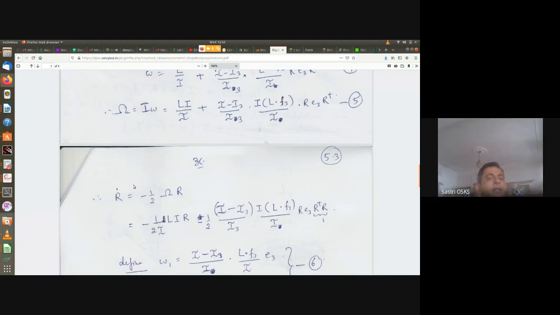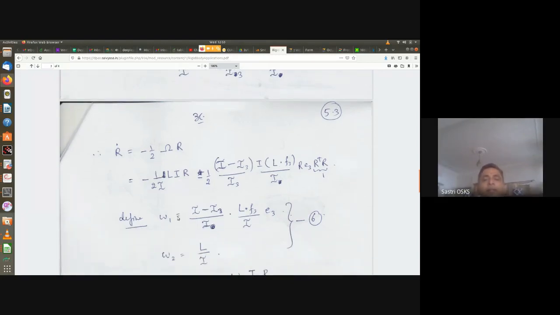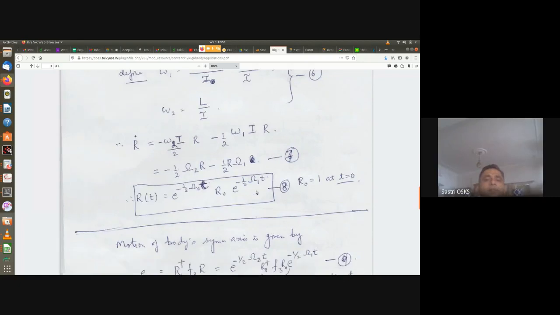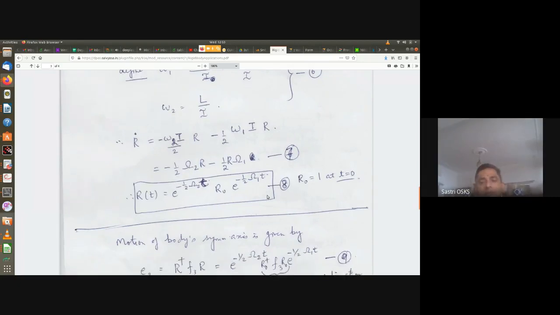Here, the whole equations of motion are shifted away from the angles to that of the rotor. That is the simplicity, and that's why you simply have this rotor equation. Yesterday we derived it. You simply substitute for omega, then define omega 1 and omega 2, and immediately you can see the motion. That's all, and this can be easily solved and you get the motion.